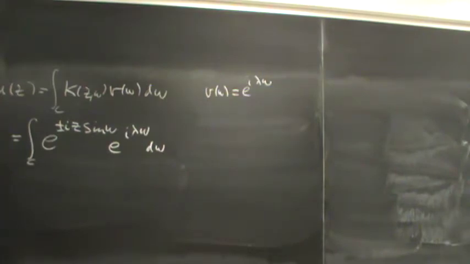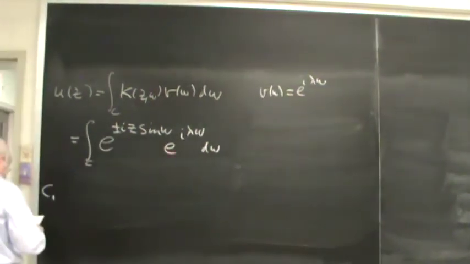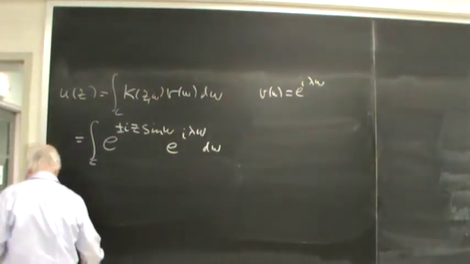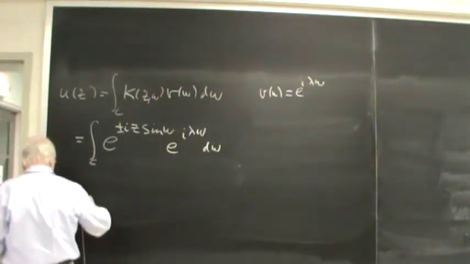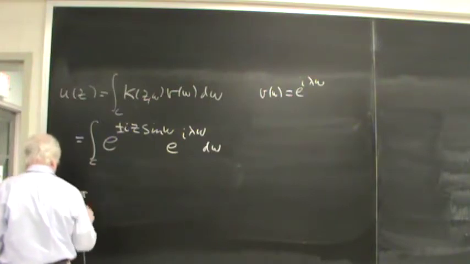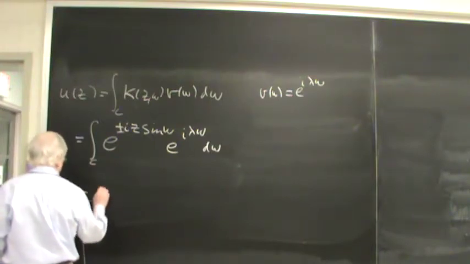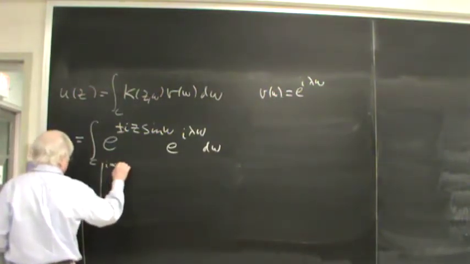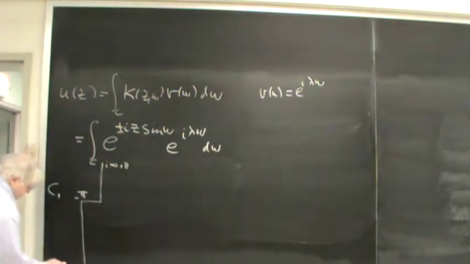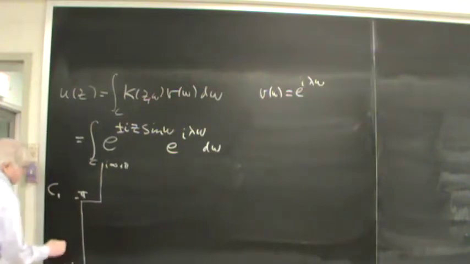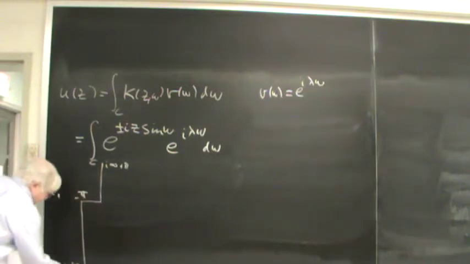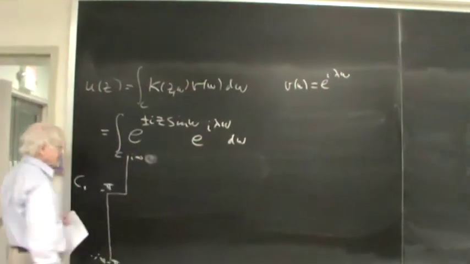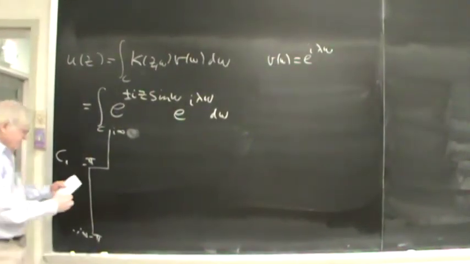C1 runs from minus I infinity up to minus pi, goes over to 0, and then goes up to I infinity. No pi there. That's C1.